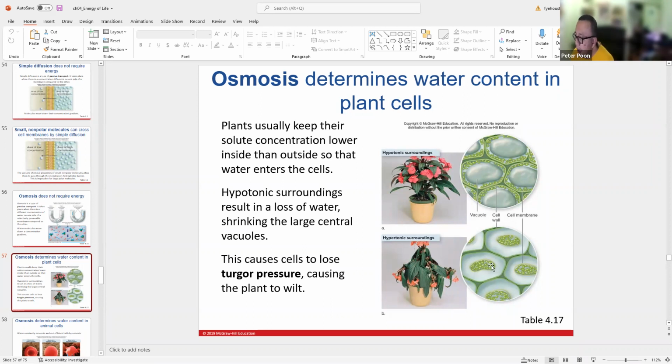That shrinking away from the cell wall causes the wilting. Okay, this pressure that the plant forces on the cells is called turgor pressure.